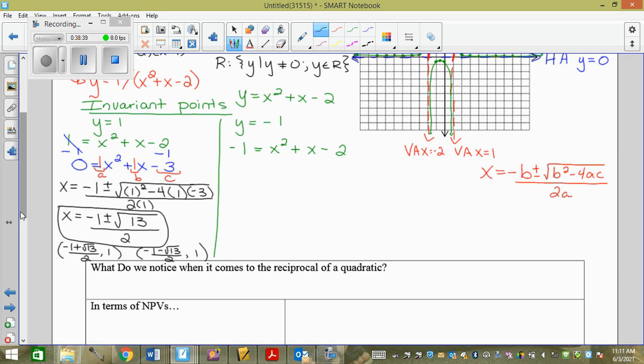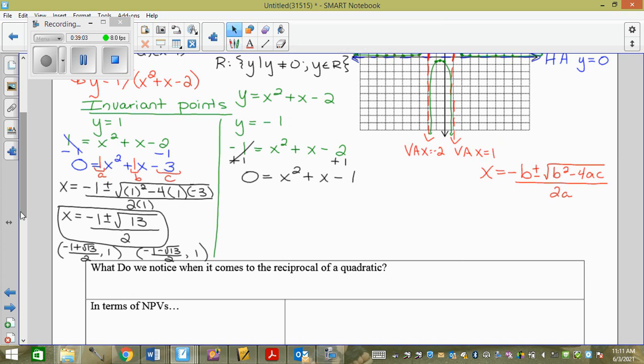Then we have to do the negative 1. So we add 1. We get 0 equals x squared plus x minus 1. Does anything multiply to give me negative 1 and add to give me 1? Nope. So I also have to use the quadratic formula for this one.